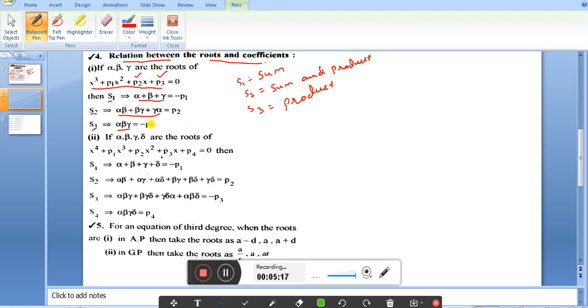So the sum of the roots is minus p1, s2 is p2, and s3 is minus p3.